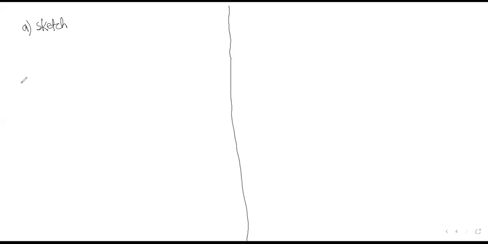Sorry, A. Sketch. I'm including my own question. So A, sketch a velocity time graph for the motion.